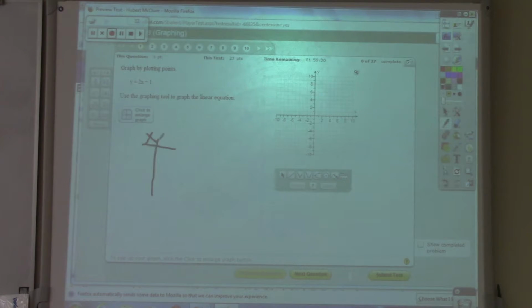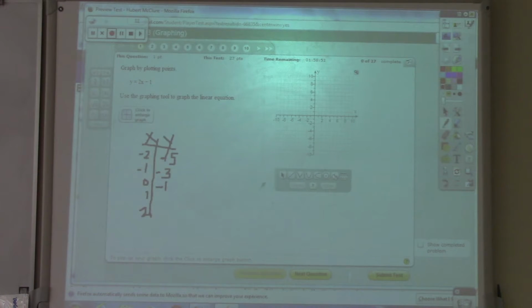No. So it's going to be -2, -1, 0, 1, and 2. What's -2 times 2? -4, Hubert. That's right, class. What's -4 minus 1? -5. So your first point is -5. What's -1 times 2? -2 minus 1? 0 minus 1.